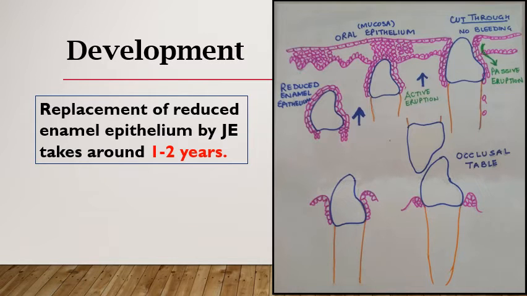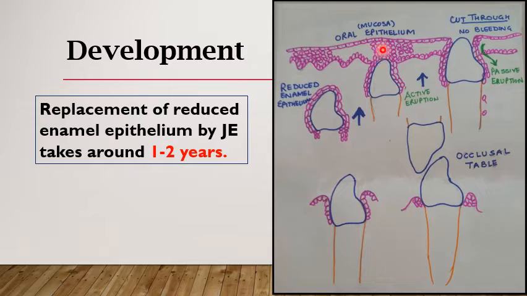Coming to development of junctional epithelium, we all know that when enamel secretion is complete, this is a tooth bud, and the tooth starts erupting. The inner and outer enamel epithelia fuse together to form reduced enamel epithelium. When the tooth approaches the oral epithelium or oral mucosa, this merges with oral epithelial cells and forms an epithelial plug.